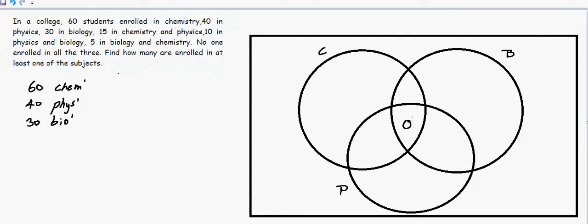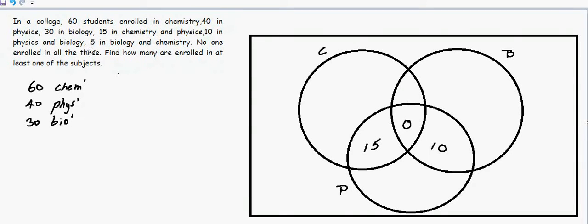But because there's nobody done all 3, that means that this area must be the 15. 10 did physics and biology. So again, we've got the intersection of physics and biology. Nobody did all 3, so those 10 must go in here. Because 10 plus nothing is 10, 15 plus nothing is 15.